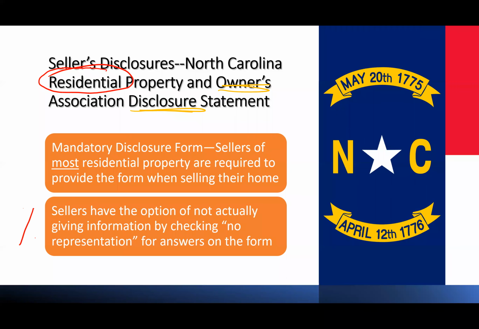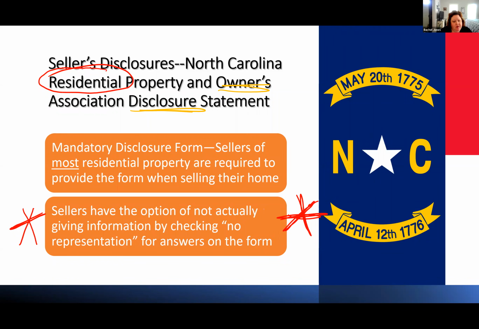However, look at this statement right here, because this is what's going to be tough for you to get assimilated in your brain. The sellers have to fill out the form, but they don't actually have to give any information. What can they choose to answer if they want to that would prevent them from actually disclosing anything about their property?